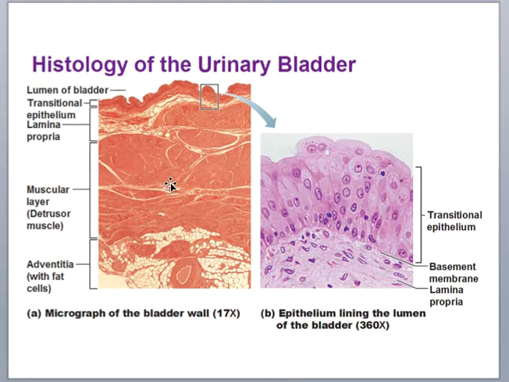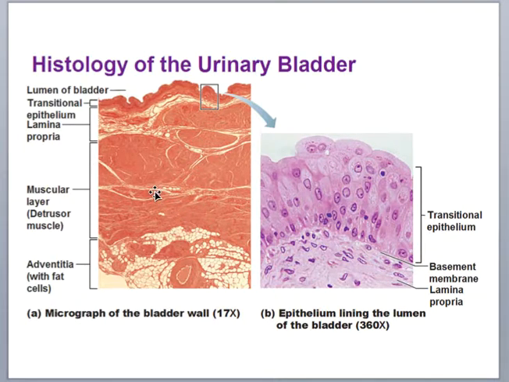It is smooth muscle, in multiple bands in different directions, which allows for contraction from all angles to help squeeze the bladder when you are eliminating urine. But all of this smooth muscle is the detrusor muscle.